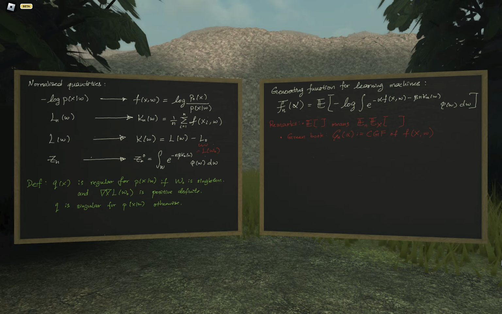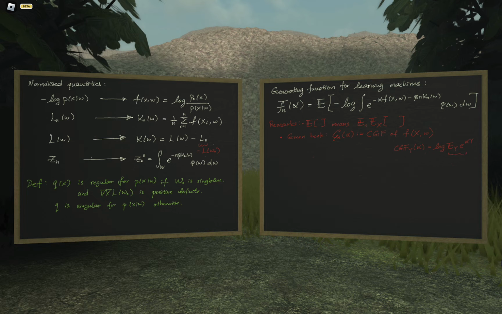Okay, what's a cumulant generating function? Well, the cumulant generating function for any random variable y is equal to log of the expectation of e to the alpha y.